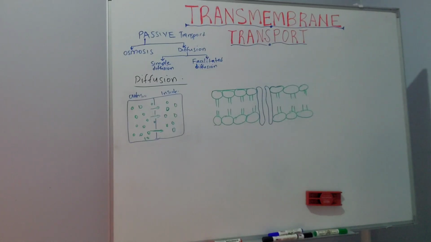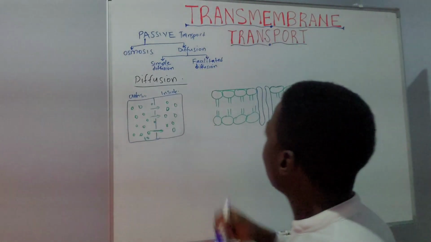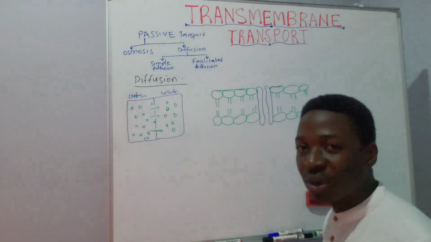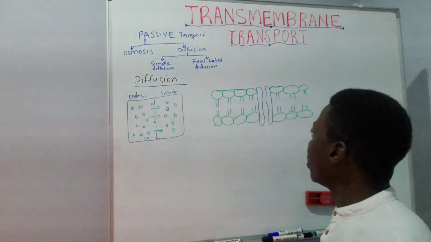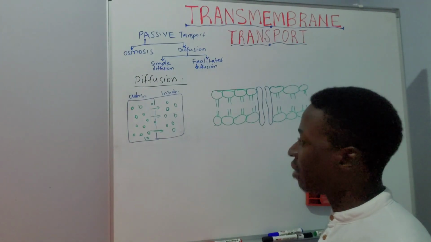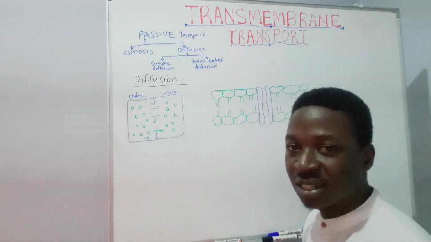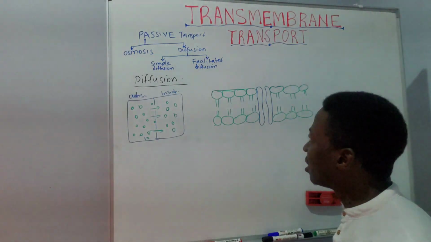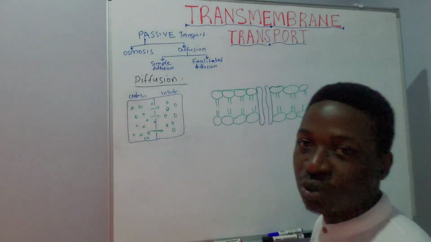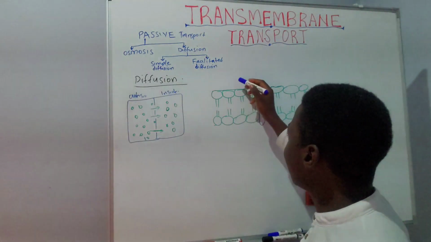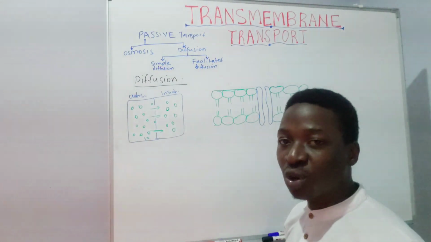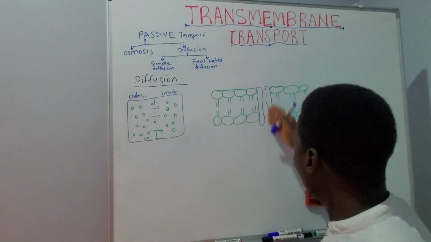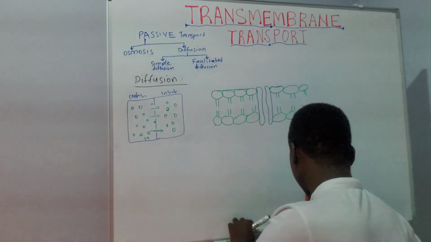Usually in simple diffusion, molecules are going to move kinetically without need of energy. These molecules in simple diffusion will move through the intermembrane spaces if they are lipid soluble, or they'll move through with the help of a channel.